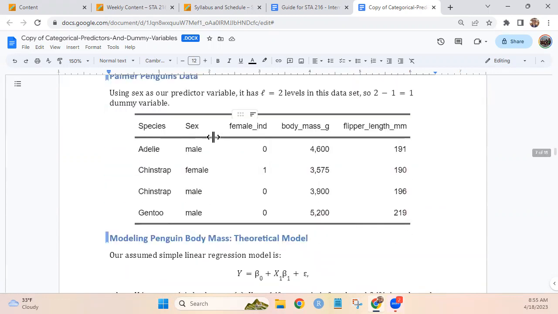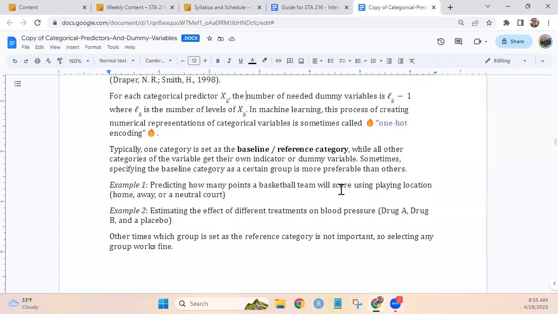For example, what is our baseline category for the sex variable? It's males, right? Or the reference category here. You could have encoded it differently. It will just change how you interpret the results of the model, but you'll get the same answers either way.